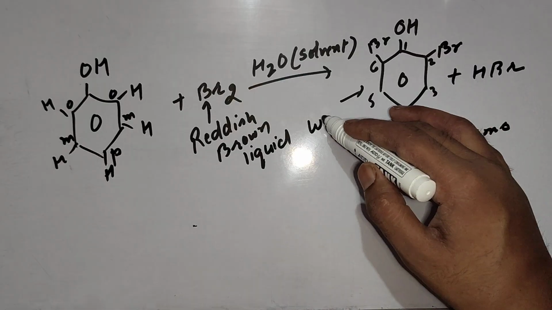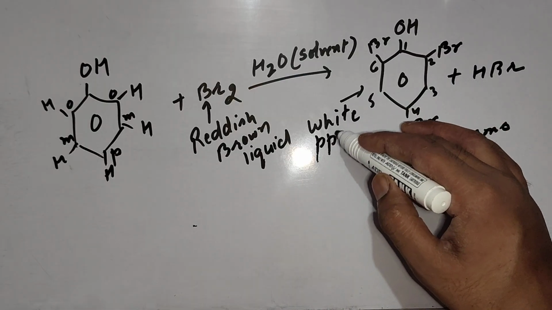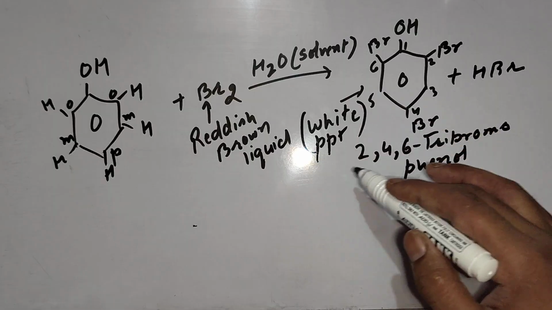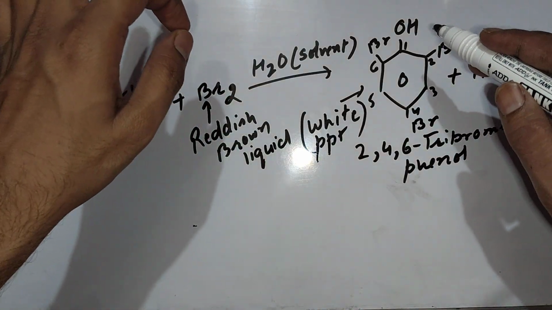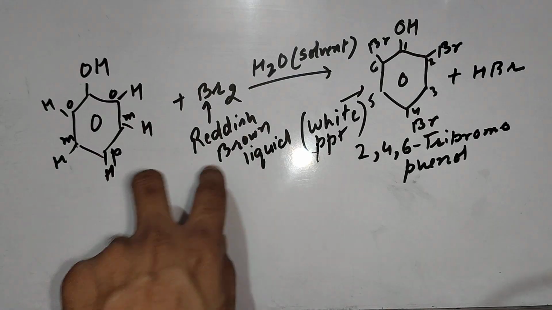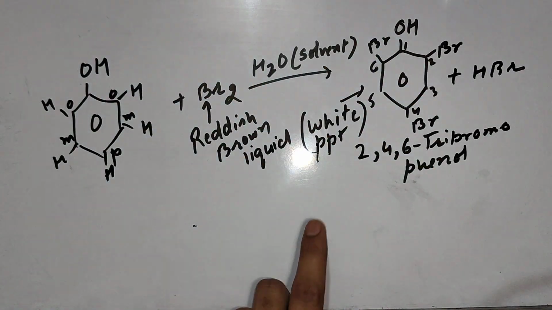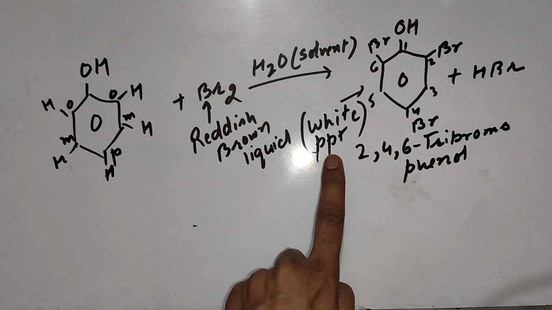If I talk about its physical appearance, it's a white precipitate. As you know, precipitates are insoluble particles which settle down in a test tube during reaction. So this is the reaction when phenol reacts with bromine in the presence of water as a solvent. This product will be generated as a white precipitate.